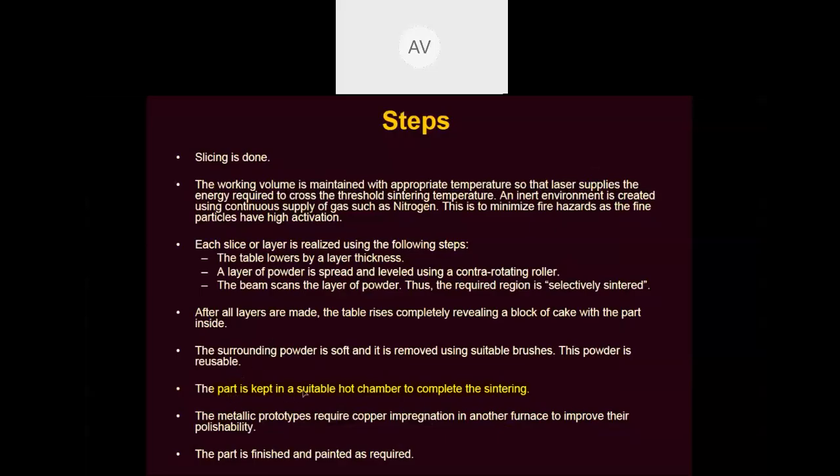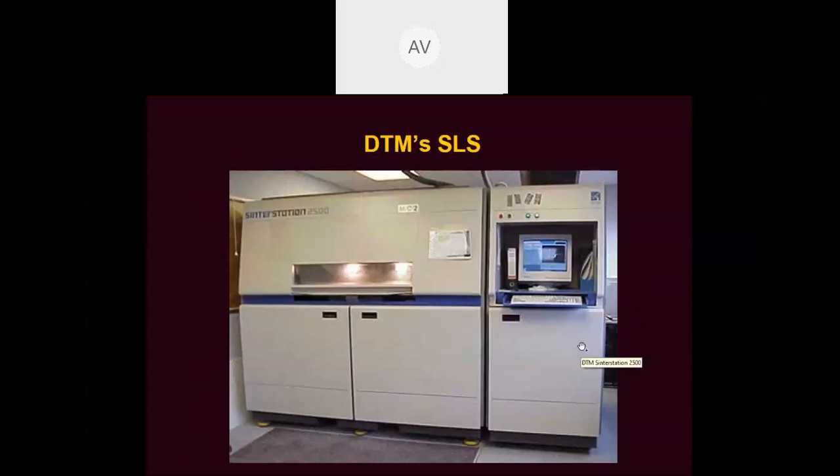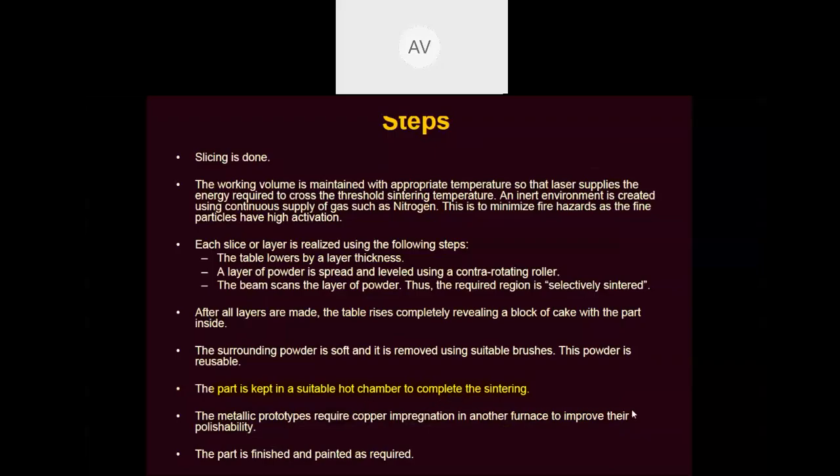The part is kept in a suitable hot chamber to complete the sintering. So once we get the part from the bed, we have to put it in a hot chamber, since sintering is a heat treatment process. We heat it for some time so that the part gets hardened.